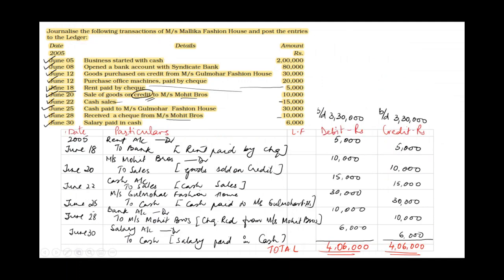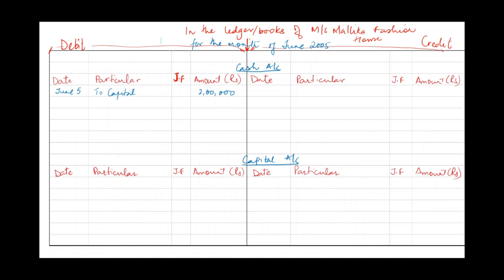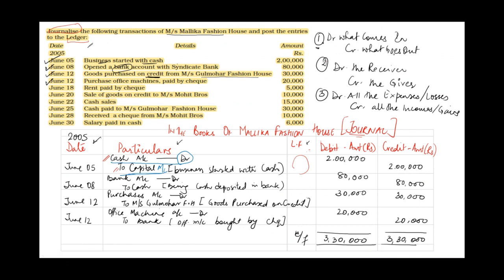The moment I see cash account, I know debit capital. That means capital has been brought in by the business of 200,000. Seeing my cash account only, money comes in, debit what comes in, and here I will write June 5th, and here I will say by cash, because capital brought in by cash 200,000. Okay, and then I go back again.